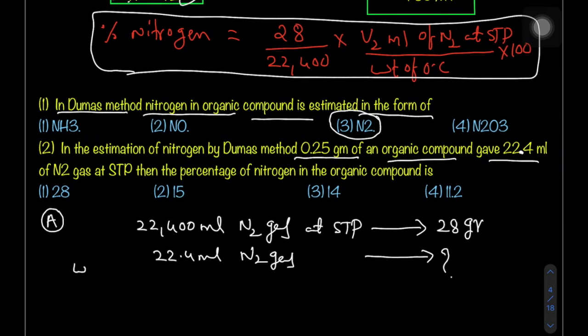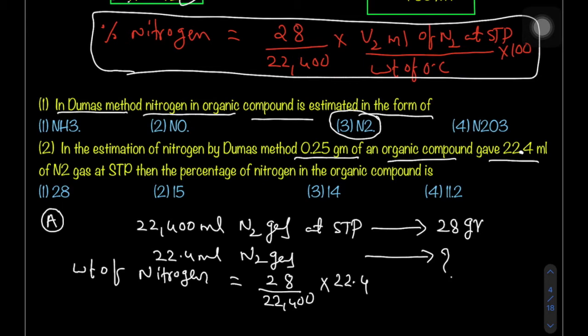So from here we can find the weight of nitrogen. That will be 28 by 22,400 multiplied by 22.4. Are you getting my point? So this is the weight of the nitrogen, and you will get 28 into 10 raised to minus 3 grams.